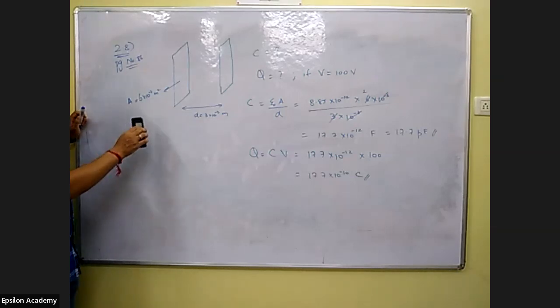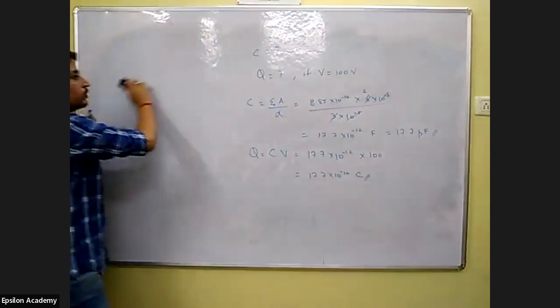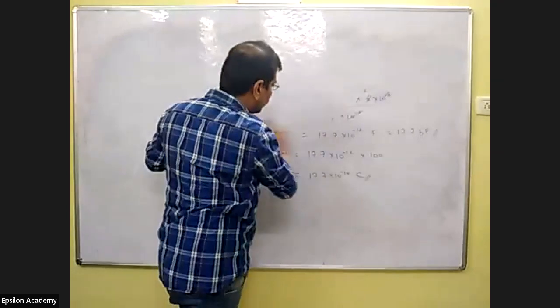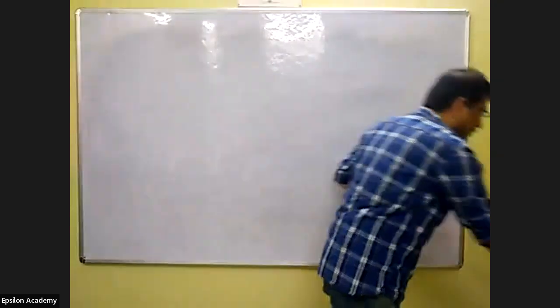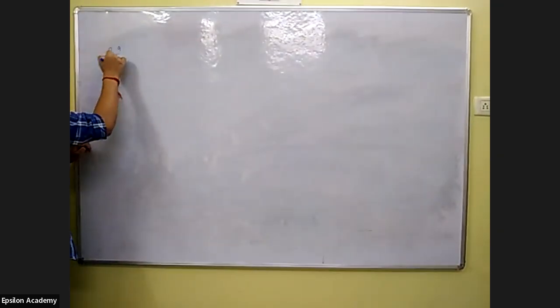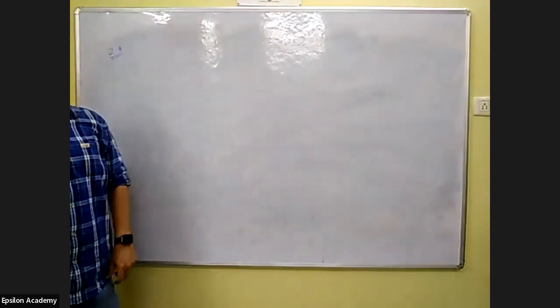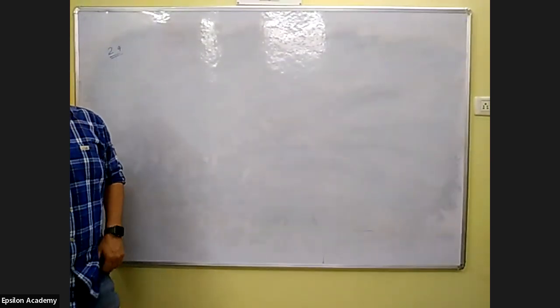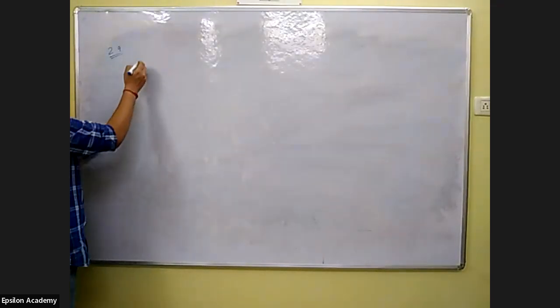Let's go to the next, 2.9. Explain what would happen if, for the capacitor given in exercise 2.8, a 3 millimeter thick mica sheet of dielectric constant 6 were inserted between the plates.